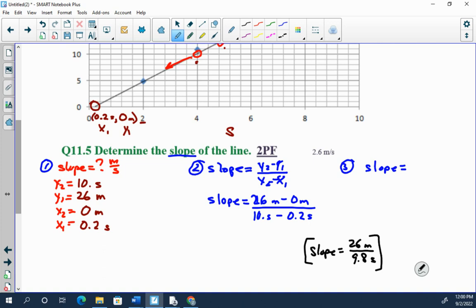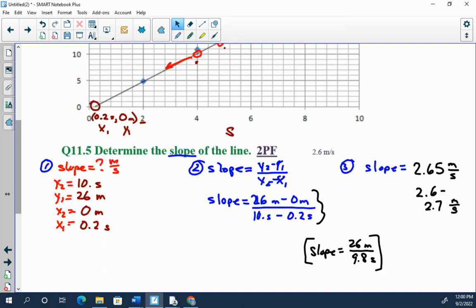Let me check out the calculator. 26 divided by 9.8, I got about 2.65 meter per second. And so if we're going to do this to two sig figs, depending on how closely you estimated these, you're going to get something like 2.6 to 2.7 meter per second. You may have estimated a little differently than I did, but there it is. That is the clean and correct way to do slope. Get it right.